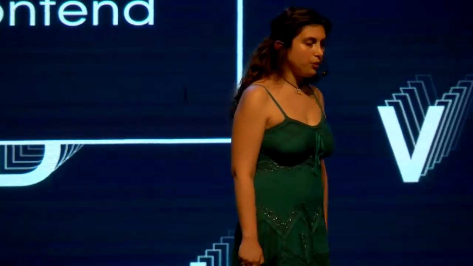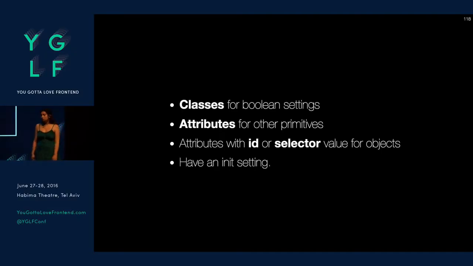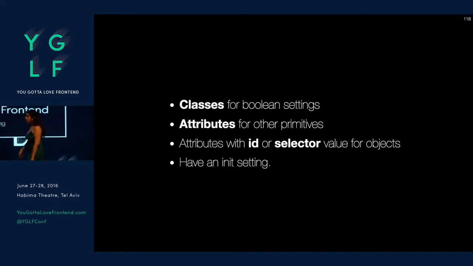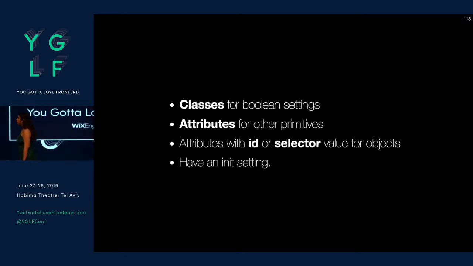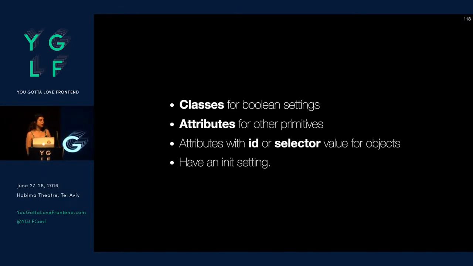If a parameter is an object, like a collection, like a list of autocomplete values, for instance, you can't put all these in an attribute unless they're very small. So the attribute should accept a selector or an ID to another element that has all the options. And have an init setting, some class, some attribute that if I put it on an element, it initializes it without me having to call some function in JavaScript.